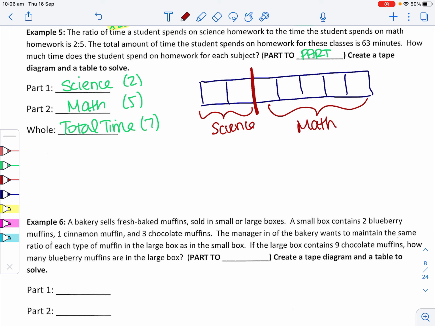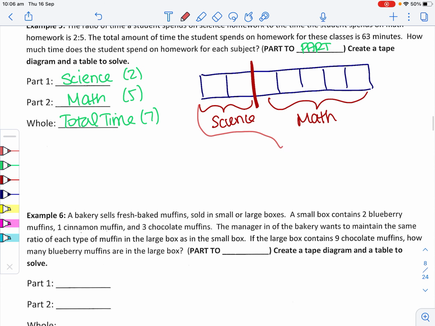The total amount of time a student spends on homework for these classes is 63 minutes. So they're giving me the total amount of time. So I'm going to take those 63 minutes and I'm going to divide it into 7 parts. So they gave me part to part and then told me what the total amount of time was.